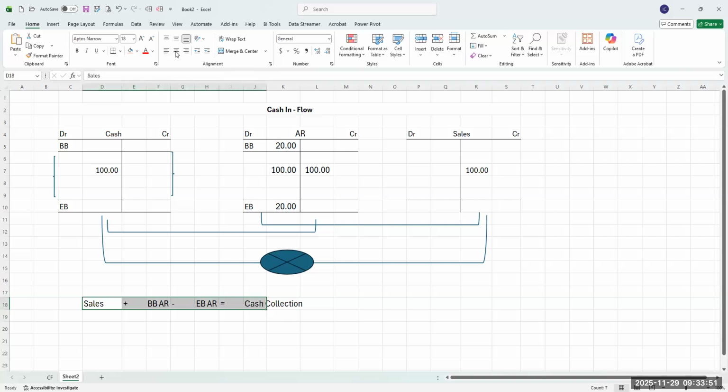Let's test the formula and see if this is actually true.